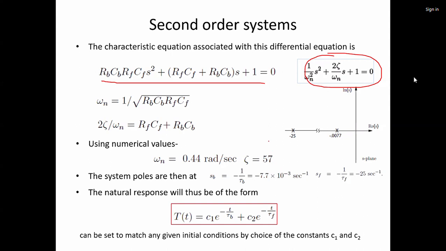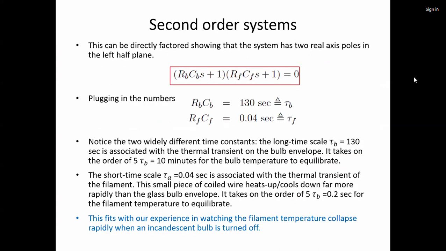Now, if you want to see the poles of the system, here you have the real axis, here you have the imaginary axis on an S plane, the frequency plane. The poles are basically frequencies, and you see that tau b is 130 seconds.